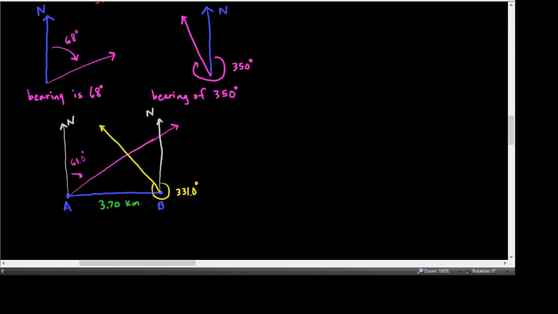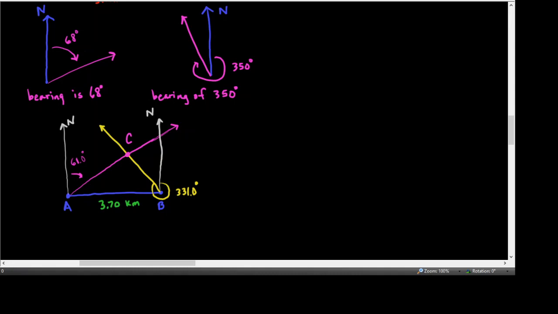All right, so then what do they ask us to find? They say, find the distance from A to C. Okay, they said the plane was at C, and I never labeled that. So where is it going to be? Well, if the person looking at it from B means it's on this yellow ray, and the person looking at it from A means it's on the pink ray, seems like that means that point C is right there.